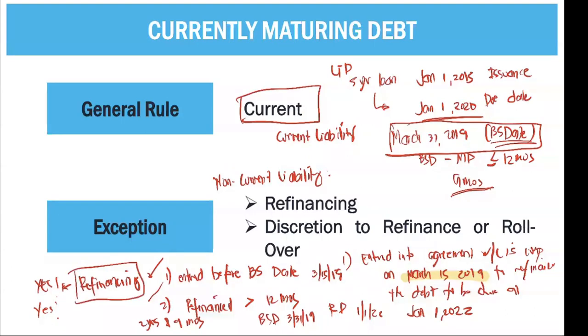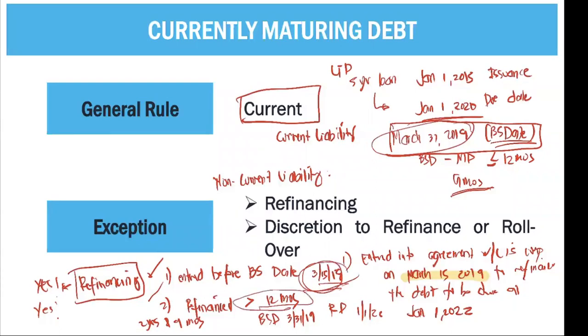Okay, again, what is the story here? It is considered current. It is a current liability. However, when can we consider that as a non-current liability? If there is a valid refinancing. When is there a valid refinancing? If the two items are present. Entered before balance sheet date. So in our example, it is entered before March 31, which is March 15. And it must be refinanced for more than 12 months.